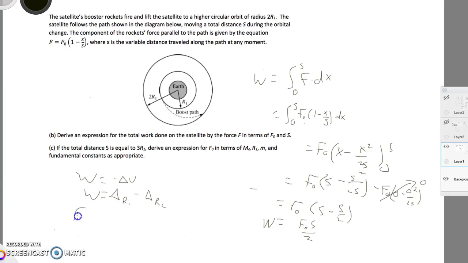The work equal to F naught s over 2. We're going to put in for s, 3r1. For r1, we're going to put in negative G M m over r1. For r2, we're going to put in negative G M m over 2r1.